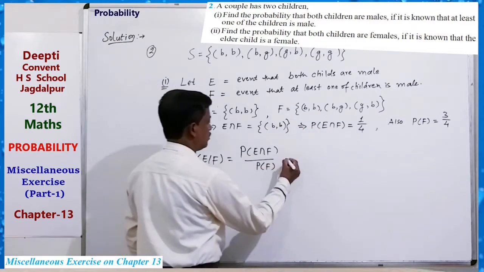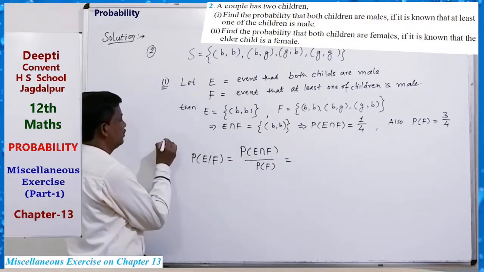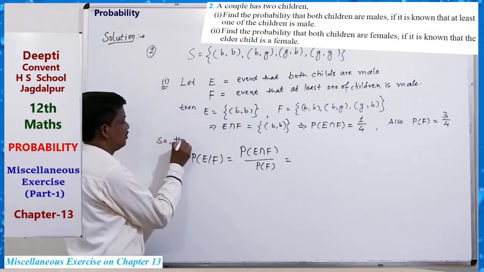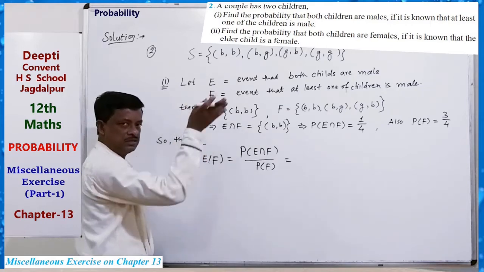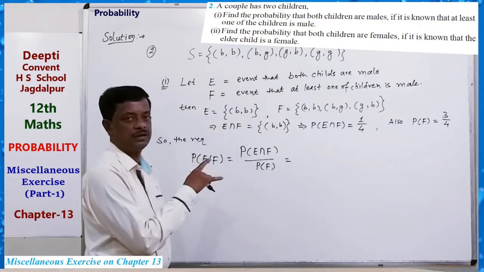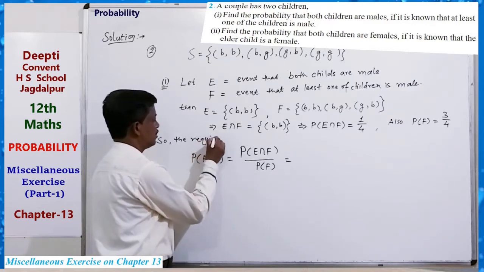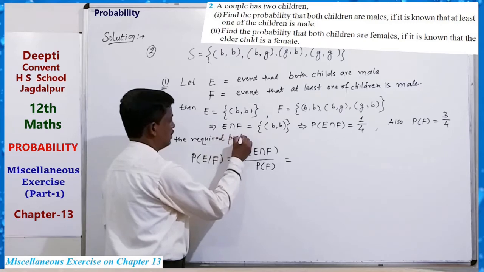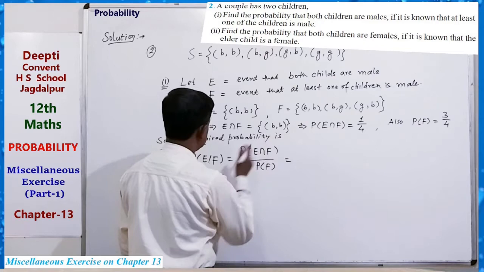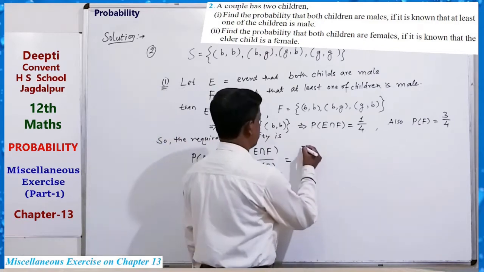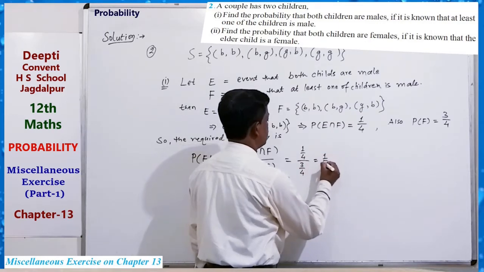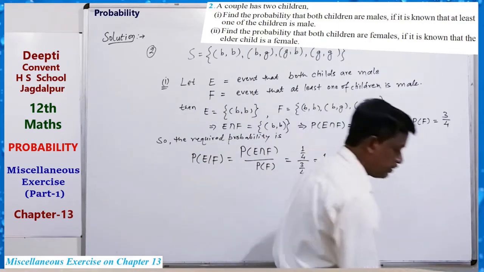So the required probability, as asked in the question, is 1 by 4 upon 3 by 4, which equals 1 by 3. This is the answer. Okay, first case.